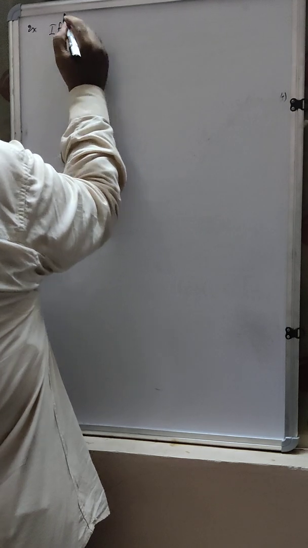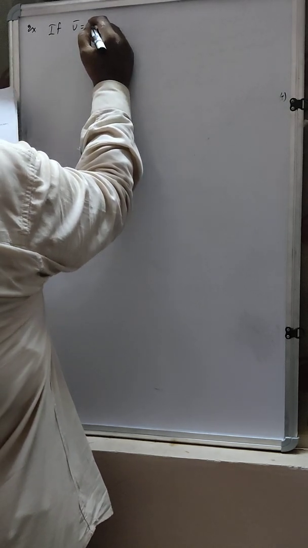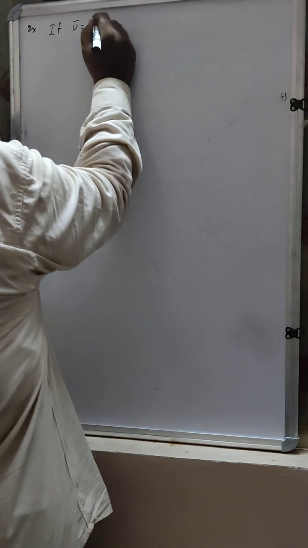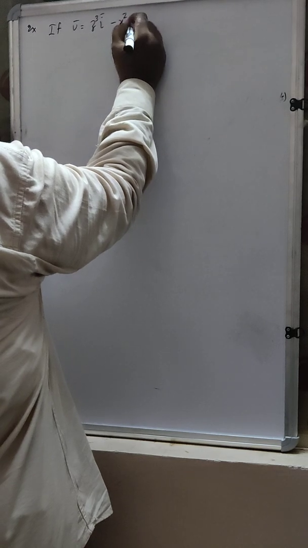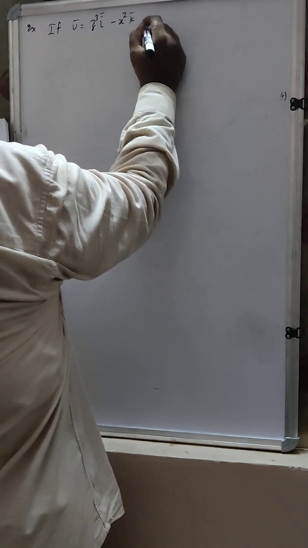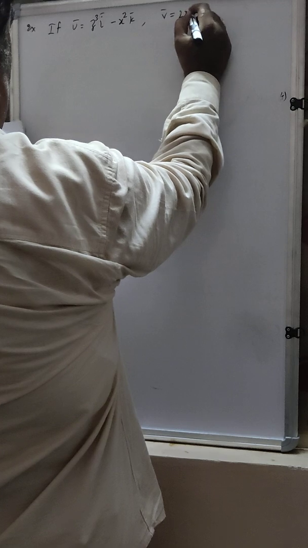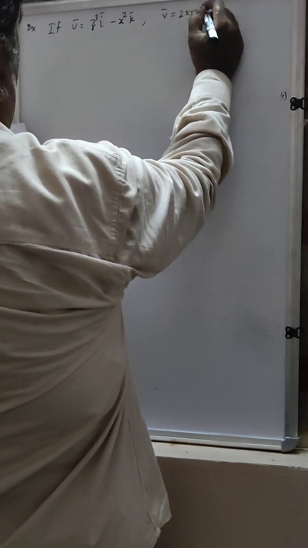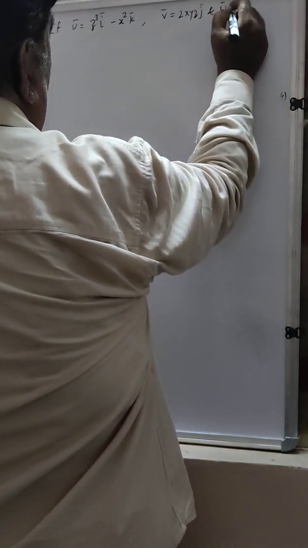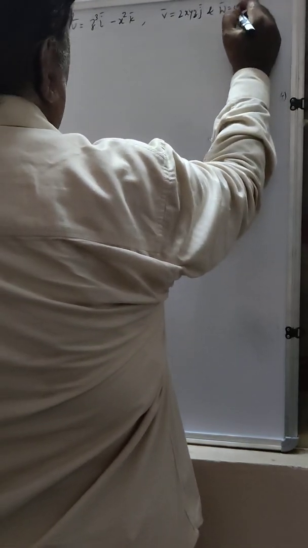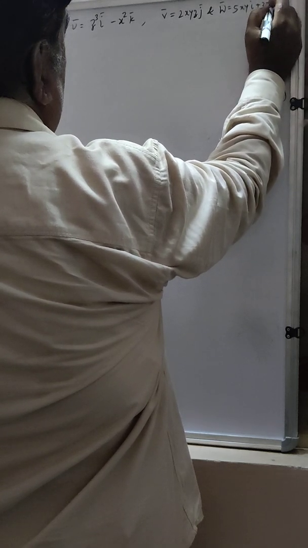If u vector is equal to z cube i vector minus x square k vector, v vector is equal to xyz j vector, and w vector is equal to 5xy i vector plus 3z j vector.